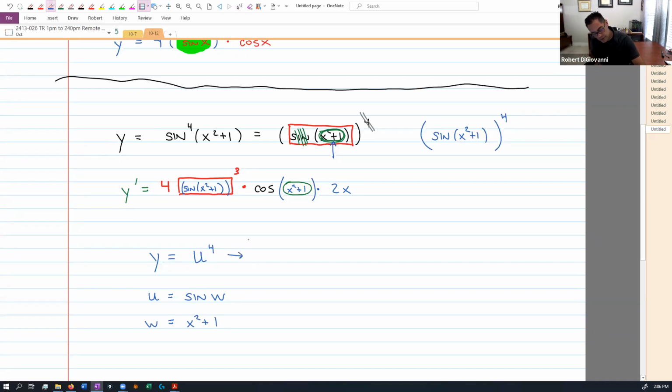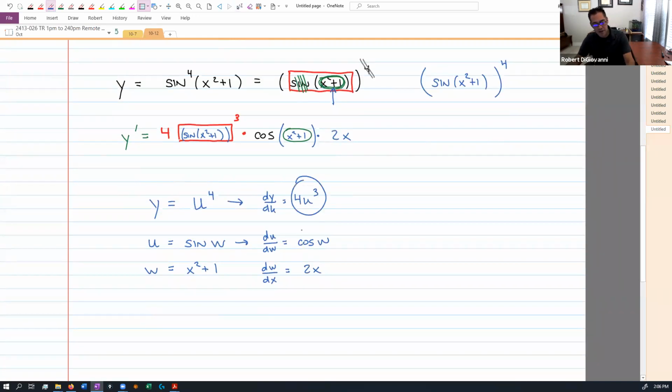And then we would do 3 derivatives. dy du is 4u to the third. Then du dw, which would be cosine of w, and then dw dx, which would be 2x.